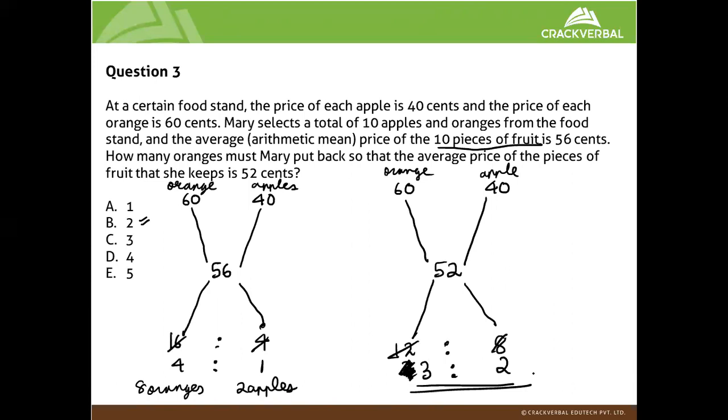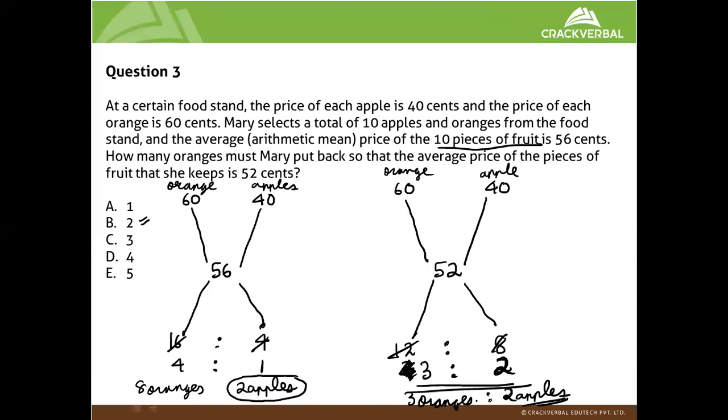So the better way to solve this would be to keep the apples as your reference. Now we know that she's always picked up 2 apples and she's only going to keep back some oranges. So the number of apples is still going to remain constant. So clearly she still always has 2 apples. And if I need to satisfy this ratio 3:2 and I have 2 apples, then the only way is 3 oranges.